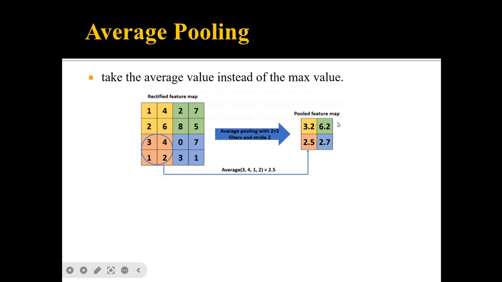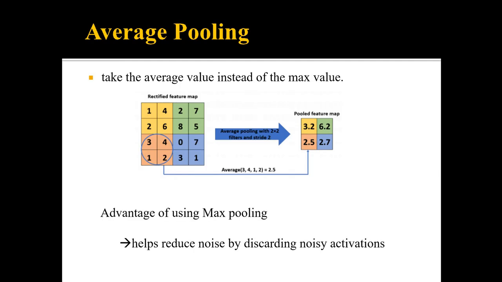Similarly 2 7 8 5 average is 6.2. Then 3 4 1 2, its average is 2.5, and the last one is 2.7. The advantage of using max pooling is that it reduces the noise by discarding the noisy activations, and it is better than the average pooling.